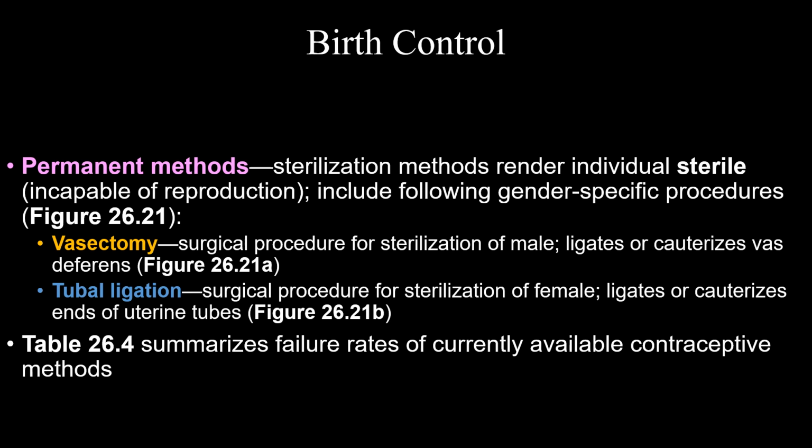There is male sterilization accomplished by a surgical procedure called a vasectomy, and the physician then will cut through and either ligate or cauterize the ends of the vas deferens, and this prevents sperm from leaving the man's body with the semen during ejaculation.